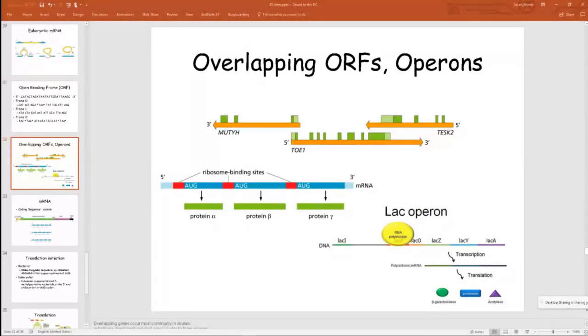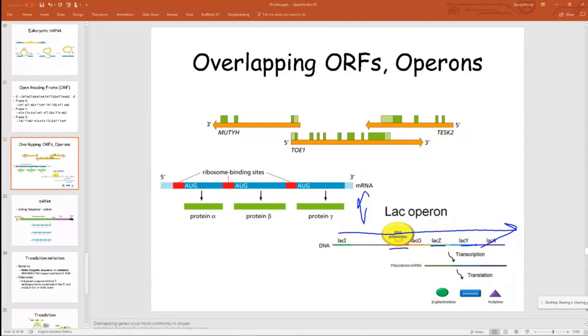At the DNA level, the RNA polymerase will slide over this DNA molecule and produce this messenger RNA that contains different genes on it. Okay? So we have one messenger RNA that can produce many different proteins that are located at different positions on this messenger RNA.